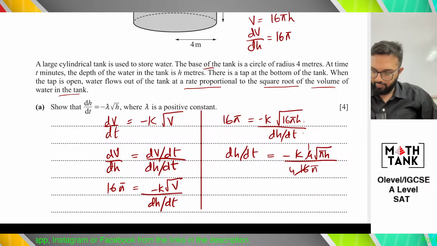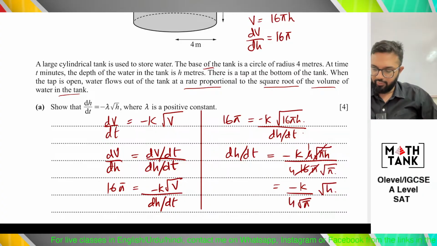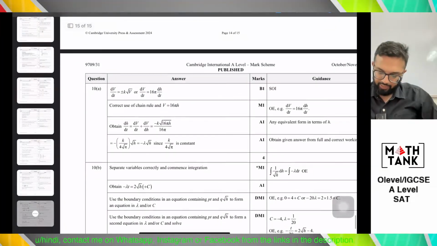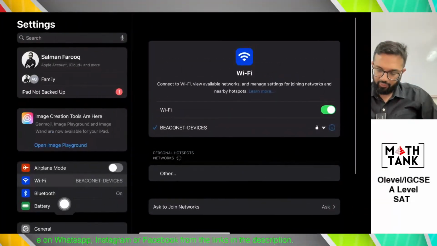So 4 and 4. If I can cancel out this and say that this is root pi in the denominator, so I'm going to get minus k over 4 root pi and root h from here. I don't know if that's correct. Yep, that is correct. Okay.